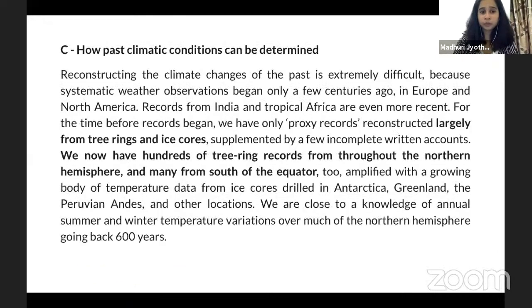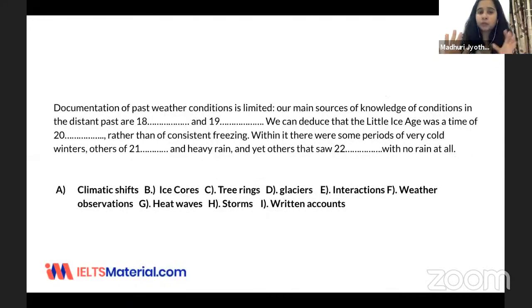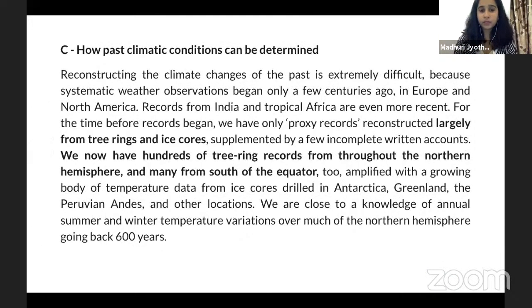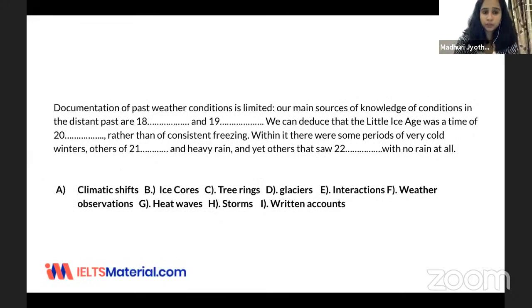But before we move on, I will walk you through how exactly you have to go through a summary completion question. Okay, so first step is to skim read your passage. So skim read it fast, and then you will have an understanding of what is there in each paragraph, right? And then you read the question, okay, and underline the keywords.